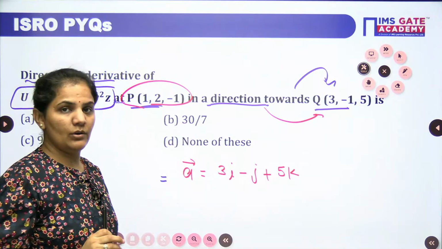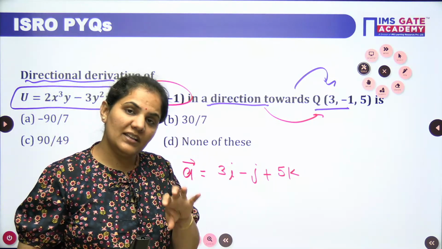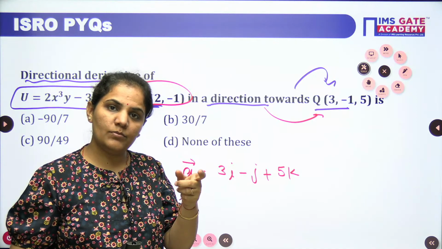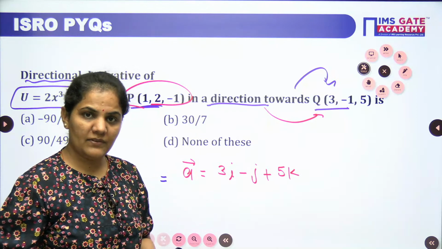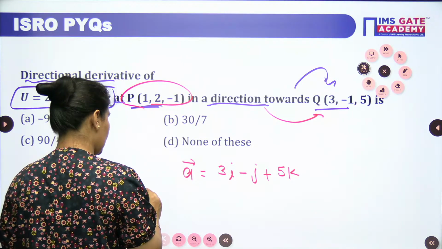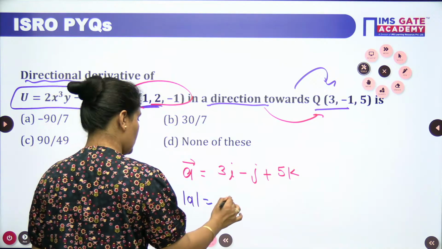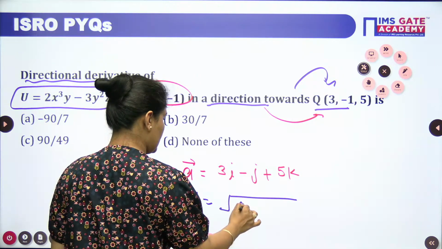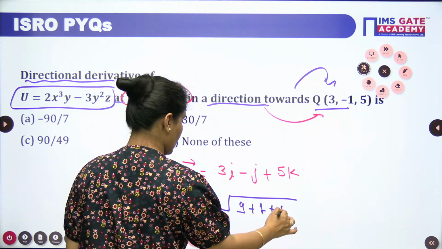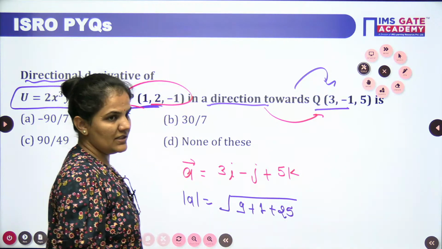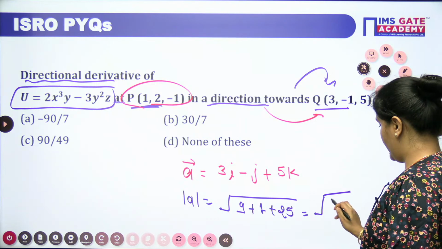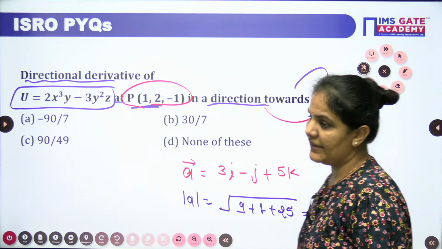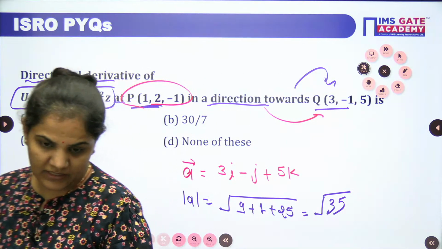Here a is not given to me directly, but the point is given, so I can write down a. My a vector will be 3i minus j plus 5k, and I need the e vector, so I will write the modulus also. The modulus will be 3 square is 9, 1 square is 1, 5 square is 25. You can see this is the square root of 35: 9 plus 1 is 10, 10 plus 25 is 35.